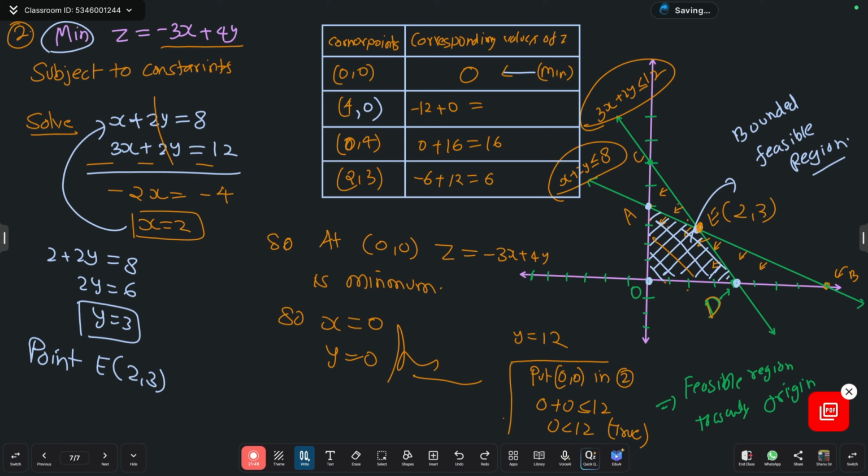Then the minimum changes. Check the answer.